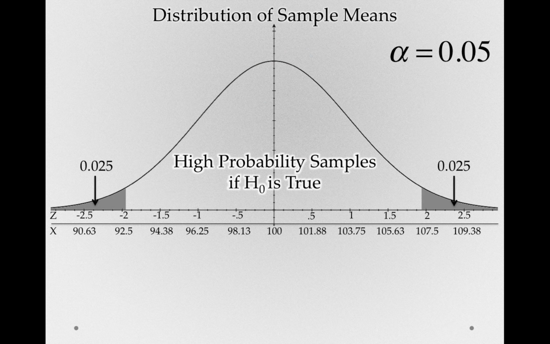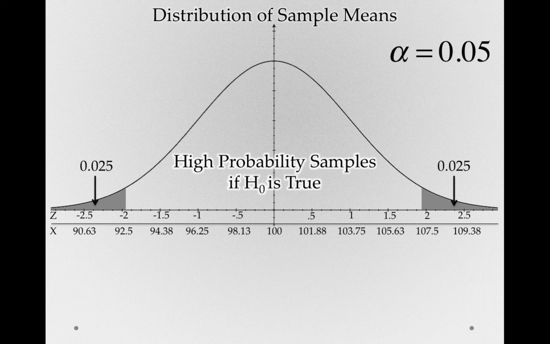Now the margins between our high probability samples, if the null is true, and those low probability samples in the critical region is called a critical value. And one way we can decide if our sample is in the critical region is if it exceeds, in either direction, our critical value.